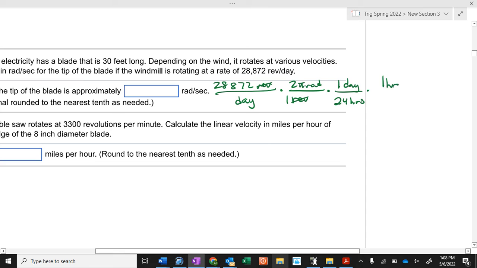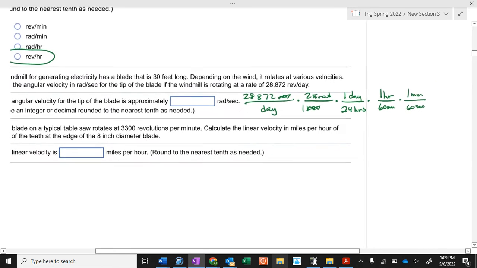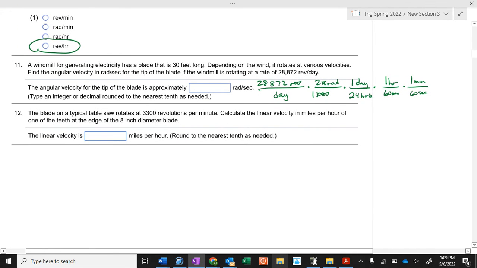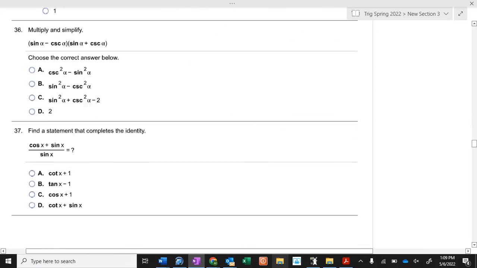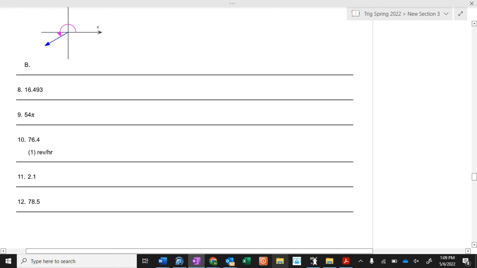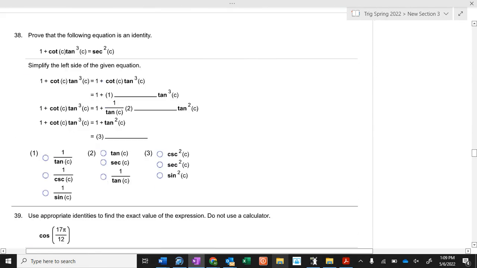And in 1 hour there's 60 minutes. And in 1 minute there's 60 seconds. So you take 28,872 times 2 times pi, and then divided by 24, hit equals, divided by 60, hit equals, divided by 60, hit equals. And what do we get? Should I check? 2.1. Very good.